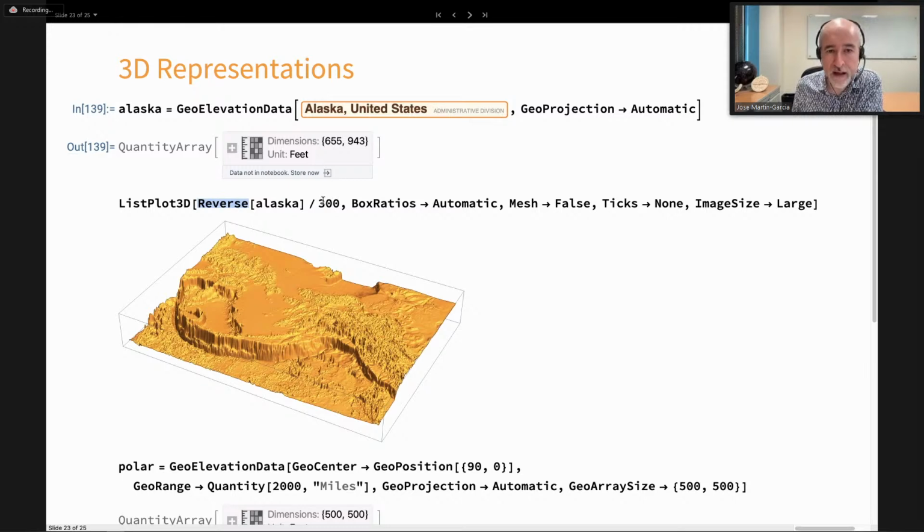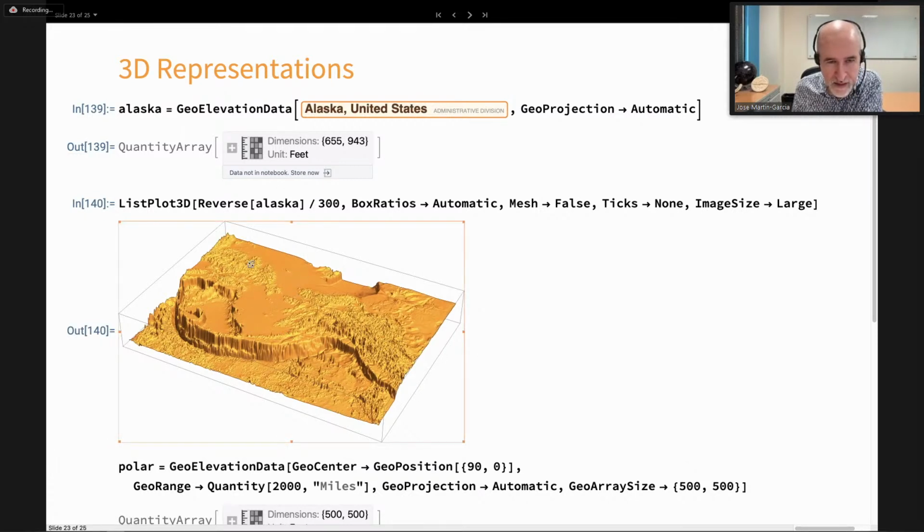So again, because we don't have a geo-specific function, we have to control the relative sizes of the axes. And so in this case, we add this number just to control how tall this box is. And so that's the 3D result that we get for the area around Alaska. You see how shallow this area is, right?